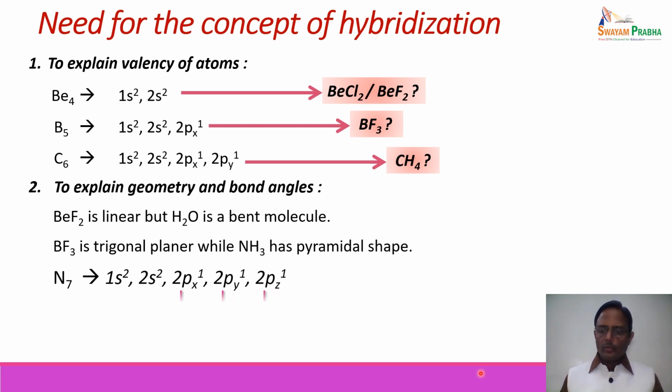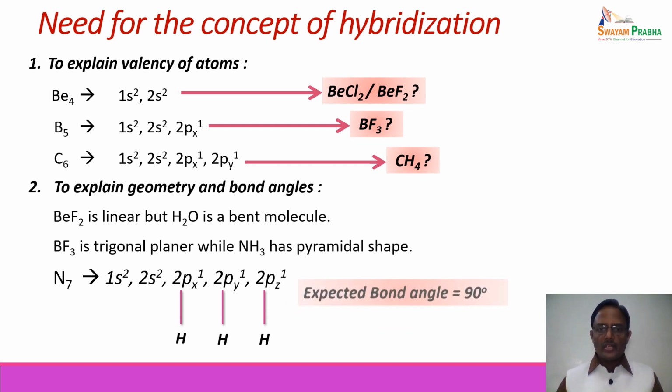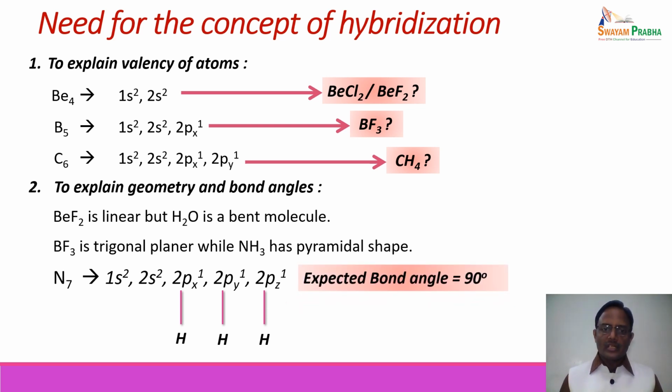If nitrogen forms 3 bonds with 3 hydrogen atoms using these px, py and pz orbitals, definitely an NH3 molecule can be formed. But we know that px, py and pz orbitals are mutually perpendicular, and so the expected HNH bond angle will be 90 degrees.